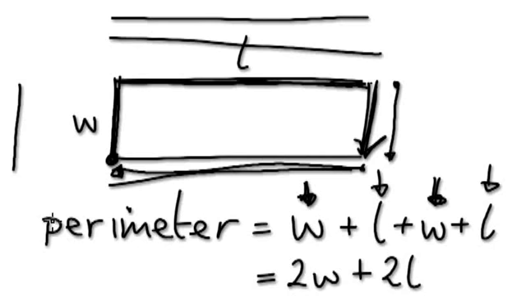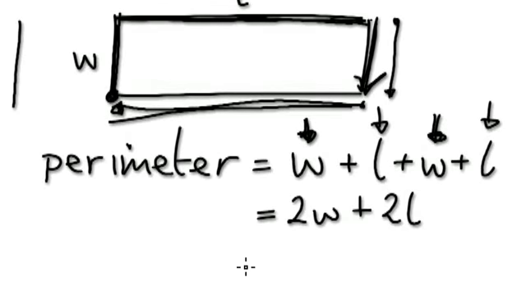Instead of writing perimeter all the time, let's just call it P, for perimeter. So here you have P equals 2W plus 2L. Remember, a formula is when you have one thing equals whatever over here. You can have as many things as you want over here, but a formula is when you have only one thing on the other side.